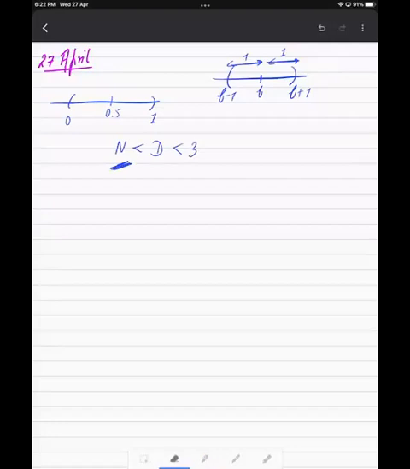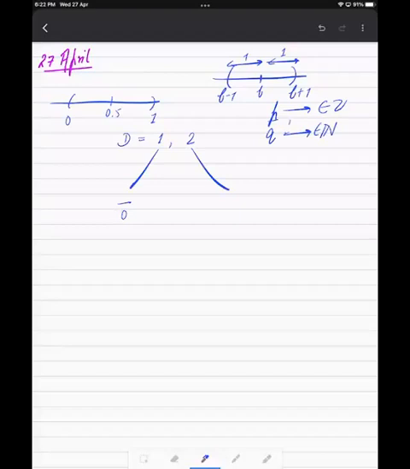So you have the choice of the denominator as 1 and 2, because the denominator is a natural number, remember? P by Q, where P is an integer and Q is a natural number. So there are two options: D can be 1, D can be 2. If D is 1, I cannot have any option for the numerator.